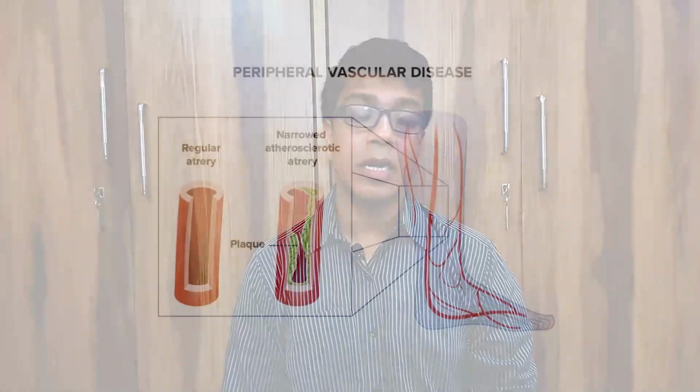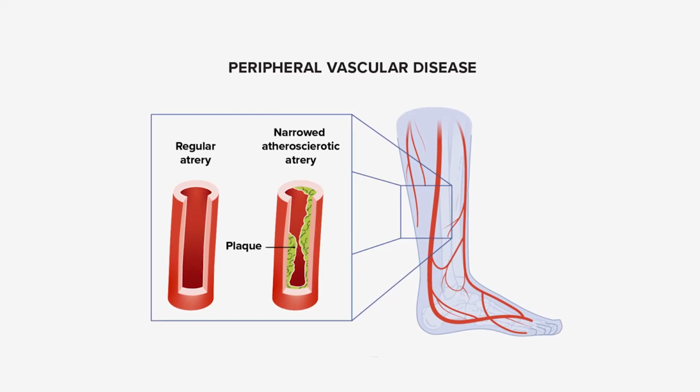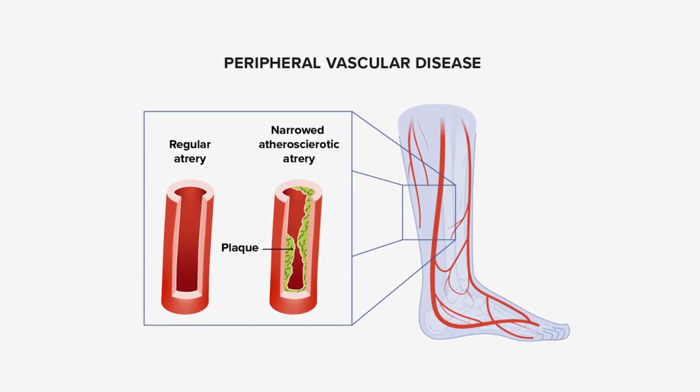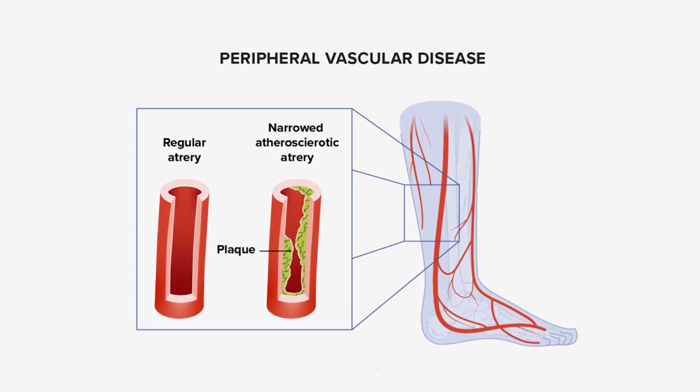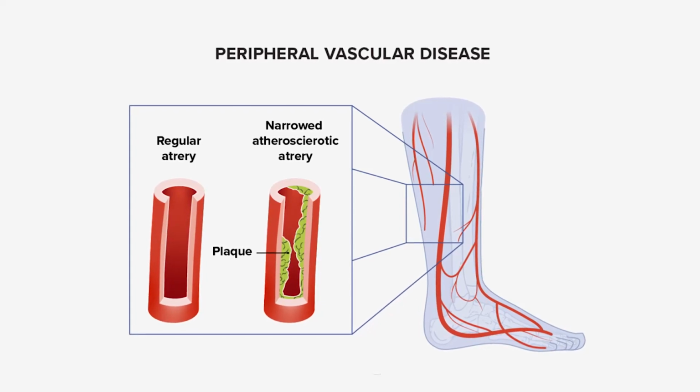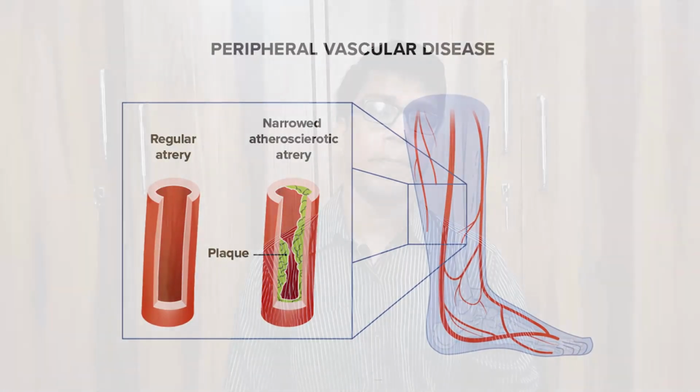That person will suffer damage to his arteries and veins. That is, the arteries will become thicker day by day and the lumen, the space through which the blood flows in our arteries, will become smaller day by day.